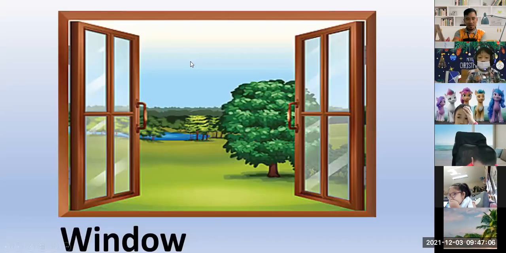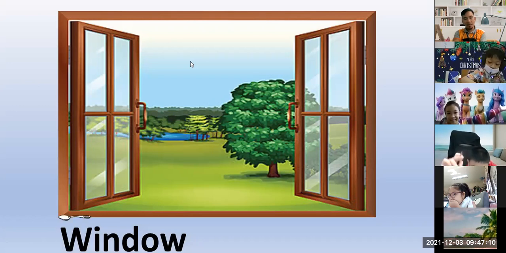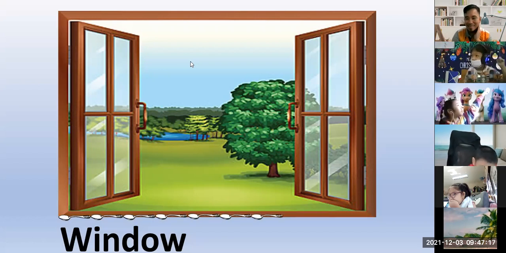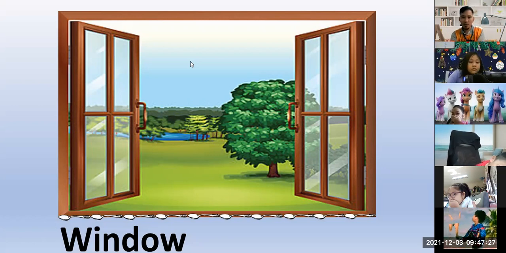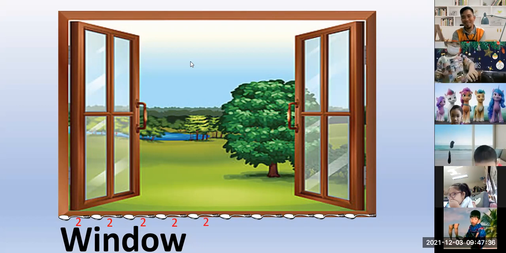Now my window. My window here. So I will measure now. 1, 2, 3, 4, 5, 6, 7, 8, 9, 10. Teacher Gwapo has the width of my window is 10 tablespoons. So since it's 10 tablespoons, I write 2 plus 2 plus 2 plus 2 plus 2 plus 2.